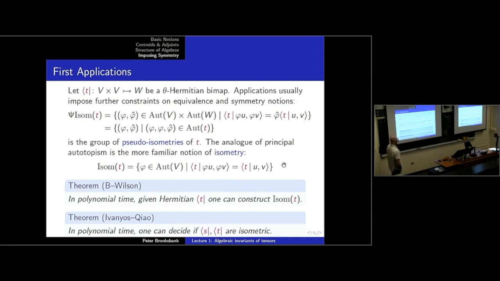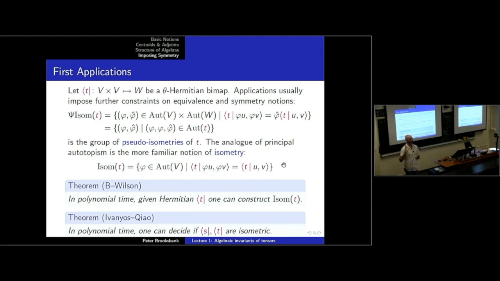One last thing, which is going to be important next time. When we started working with Josh Grochow a little while ago and Yinan Qiao, we had this discussion where Youming Qiao was telling us about a result that he proved with Gábor Ivanyos that was very similar to the one that we'd proved here, but it was really to do with 2 different alternating bimaps, right?